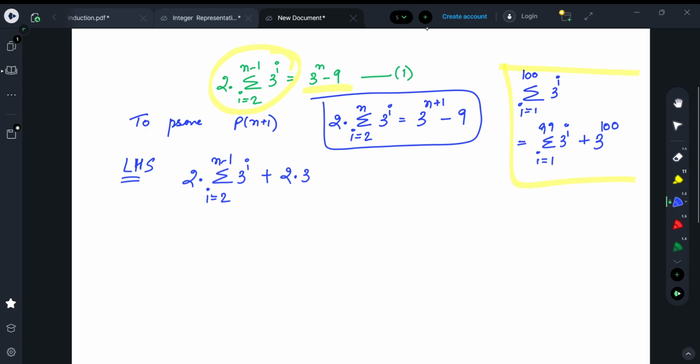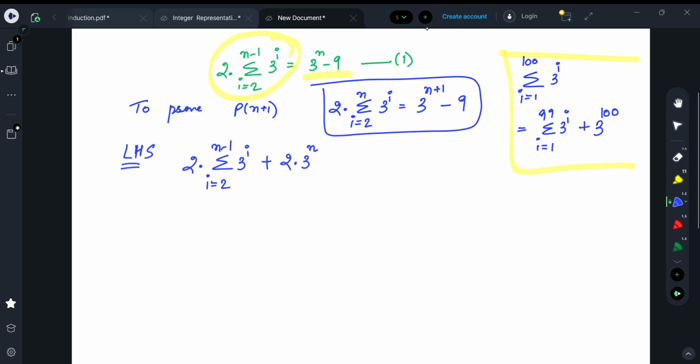Last term is n, so i becomes n, right? And the right hand side is something we need to prove. But I can use 1 here and replace the whole thing, because 2 times the summation is 3 to the power n minus 9. So I got 3 to the power n minus 9 plus 2 times 3 to the power n.